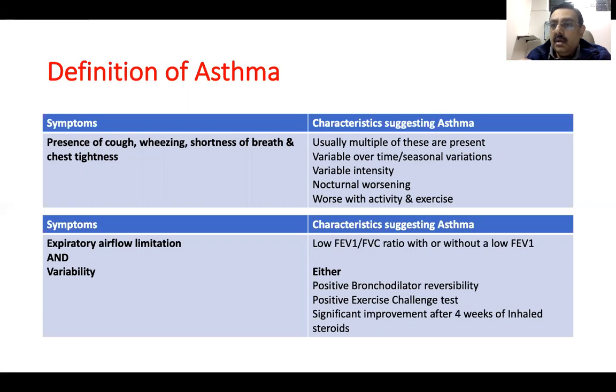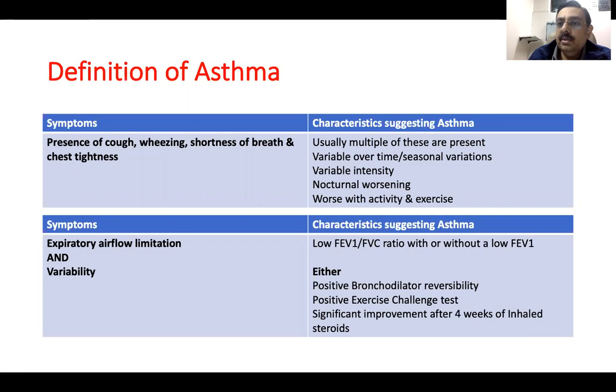Right. So this is the GINA definition of asthma, and it talks about symptoms and lung function. It talks about the presence of cough, wheezing, shortness of breath, and chest tightness. I'll not go into details of this definition. If multiple of these symptoms are there, they're variable over time and over season, there's nocturnal worsening, and they're worse with activity.